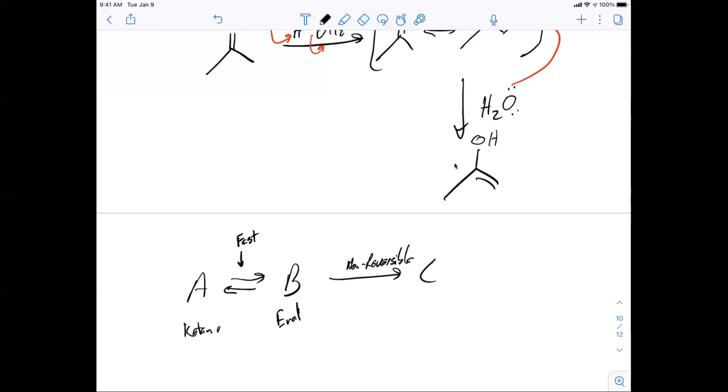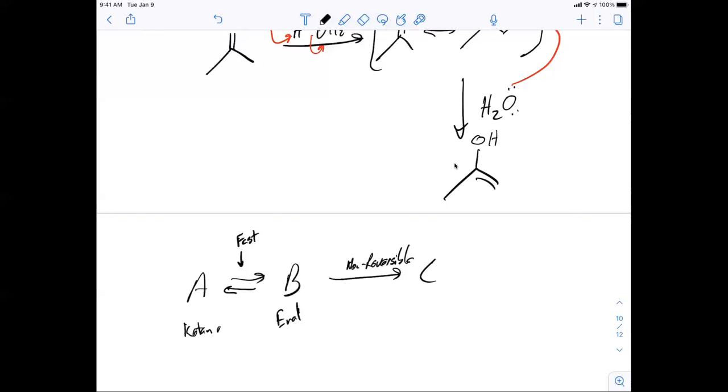But then what happens if B turns into C? A still turns into B, B turns into C. Does the reaction actually go forward even though I have a fast equilibrium process at the beginning? Yes.